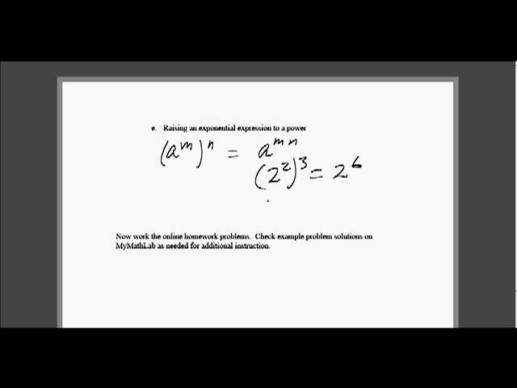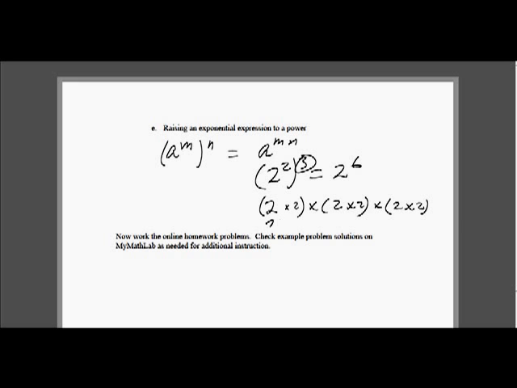Once again, we can illustrate this by expanding this. 2 squared is 2 times 2. This exponent says we repeat that as a factor 3 times. So we have 2 times 2 and 2 times 2 and 2 times 2.